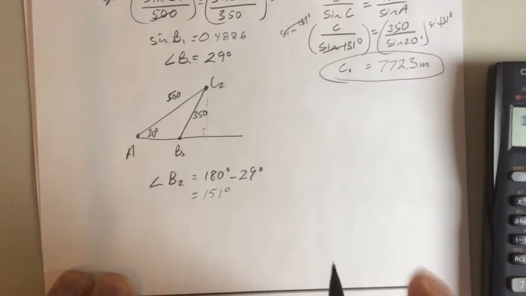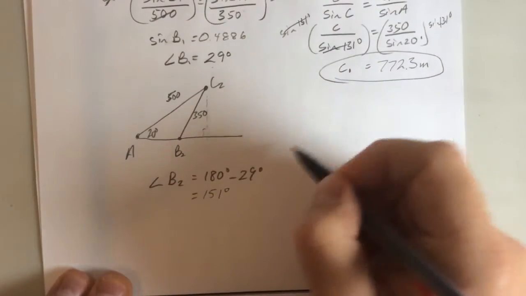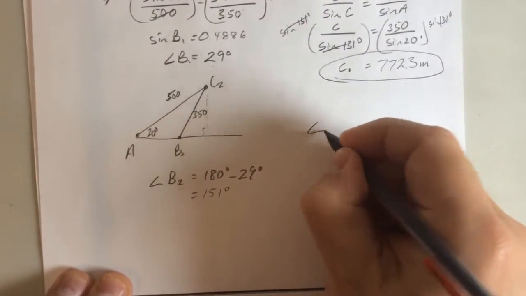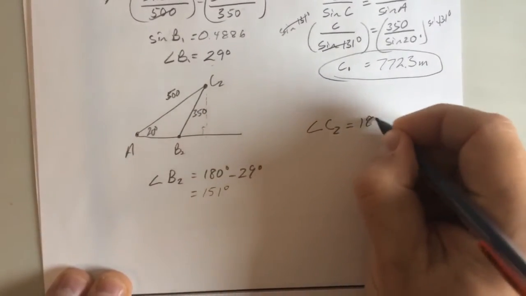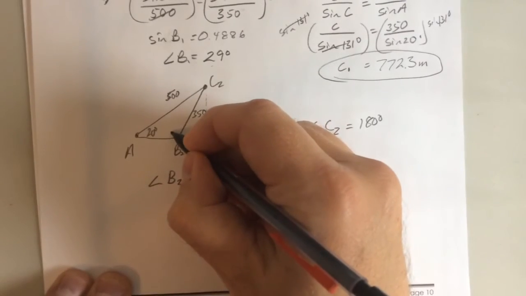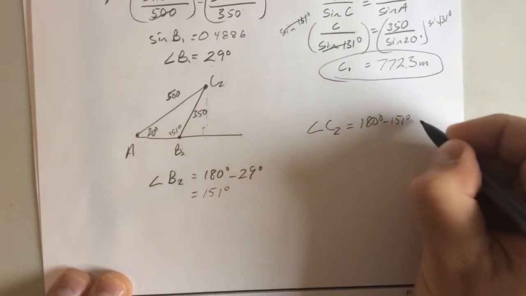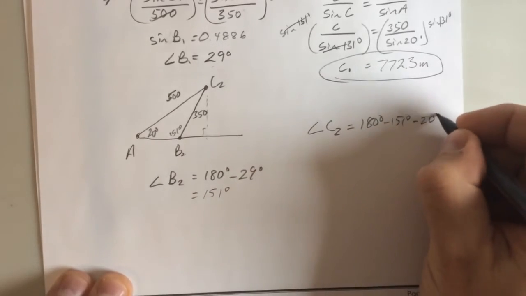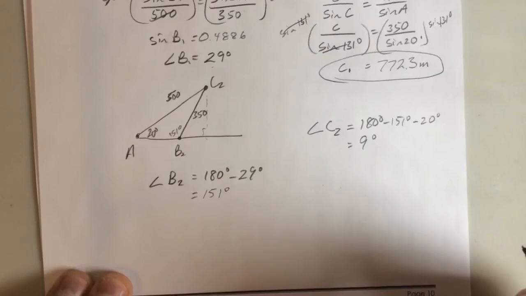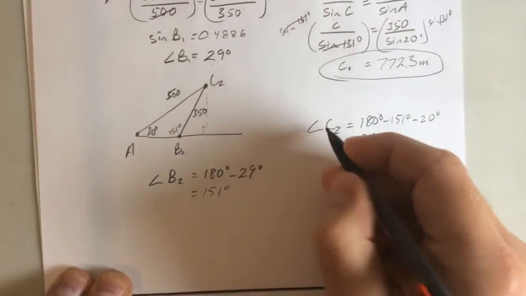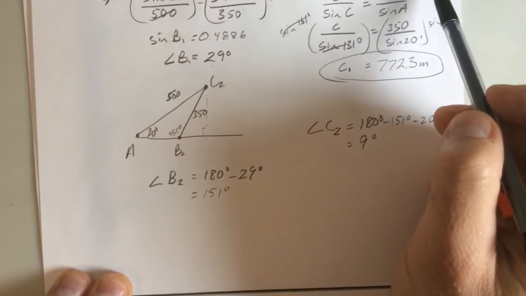If that's 151, then we can figure out what C2 is going to be. By SMAT, C2 is 180 degrees minus the 151 we just found, minus angle A, which was 20 degrees, and this is going to be 9 degrees. So this is angle C2. Remember, angle C1 was 131.